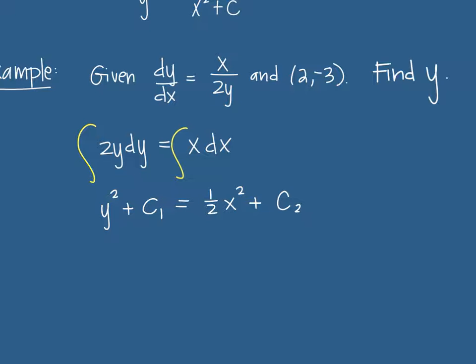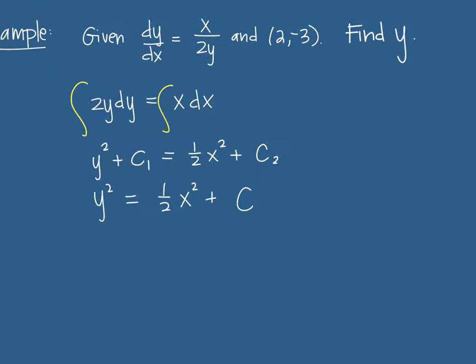Now you want to find c before you find y. So combine the c's together, subtract c1 from both sides, so you just have one c. Okay, did you hear me? Find c before you find y. Don't find y first and then try and find c. It's so much easier, trust me, in the long run, if you find c before you find y.